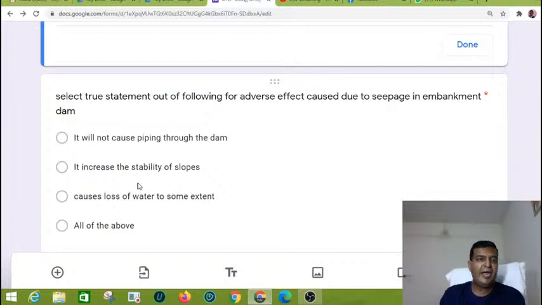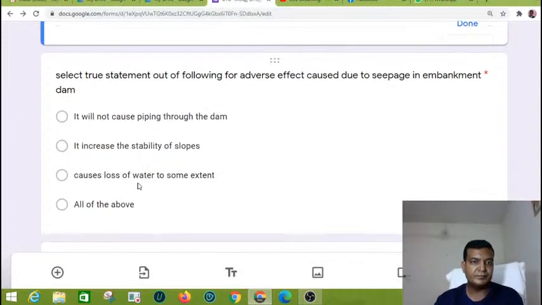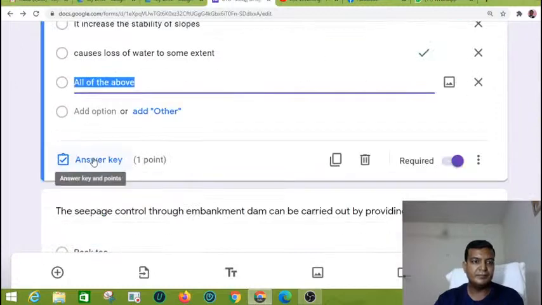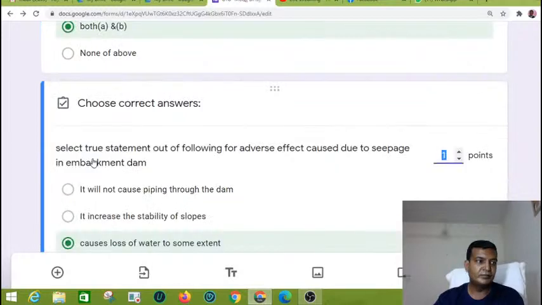Cause loss of water to some extent. All of the above. What is the answer? The answer is to certain extent.